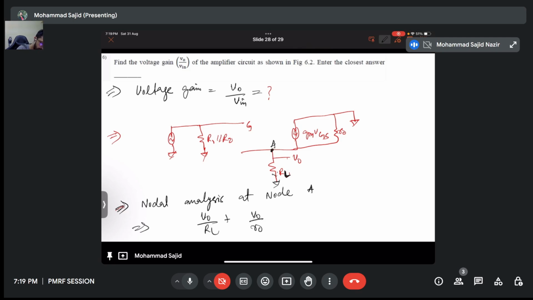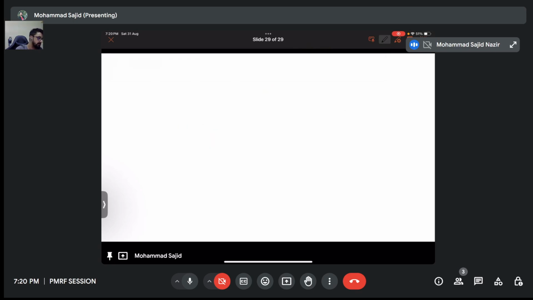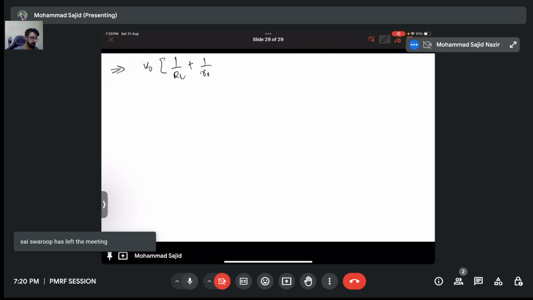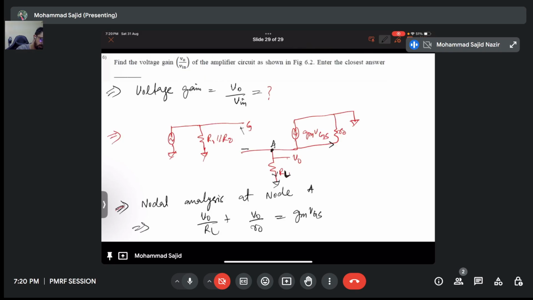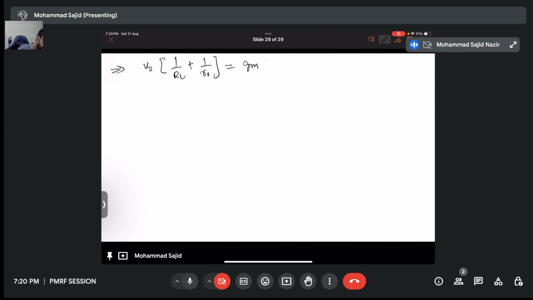I'm supposing the current is flowing in this direction, and the total incoming current will be GMVGS, right? So taking common, V naught by RL plus R naught. What is GMVGS? This is the input minus V output.